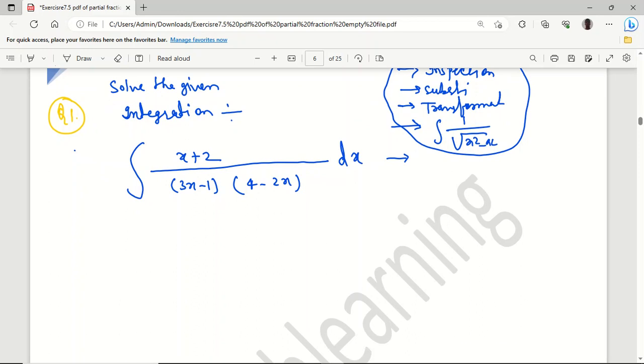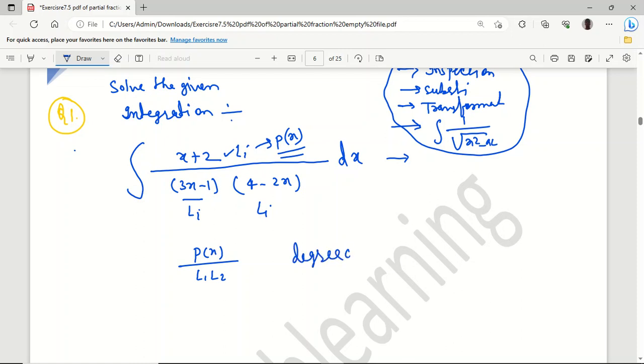But the main thing is how will you guess? What you can do is observe that the given expression is linear. This is also linear, this is also linear. Since all are linear, I can call the numerator P(x), some polynomial, and the denominator has degree 2, so it is in the form of P(x) upon L1 into L2, and the degree of P(x) is smaller than the degree of the denominator.